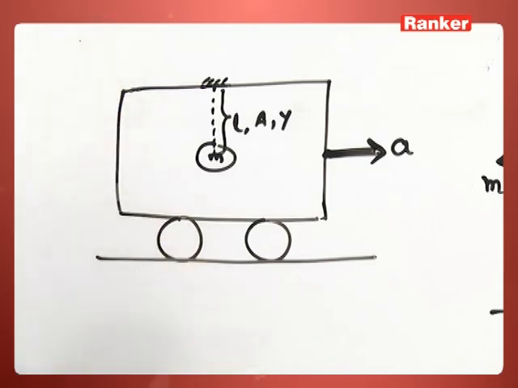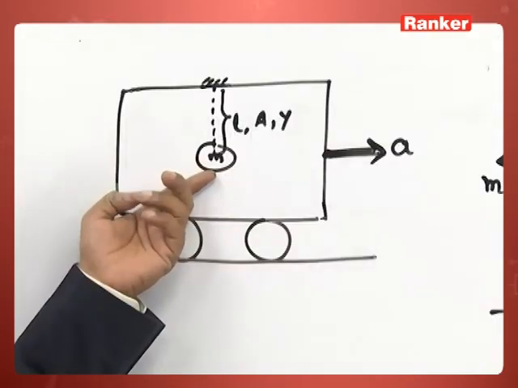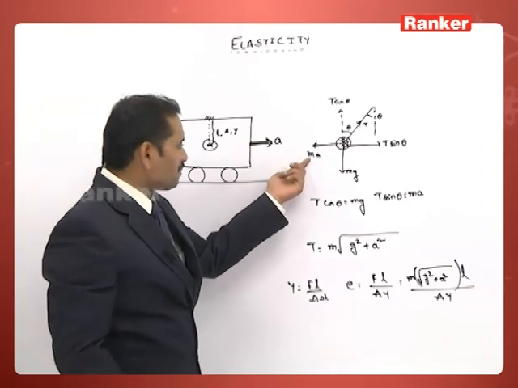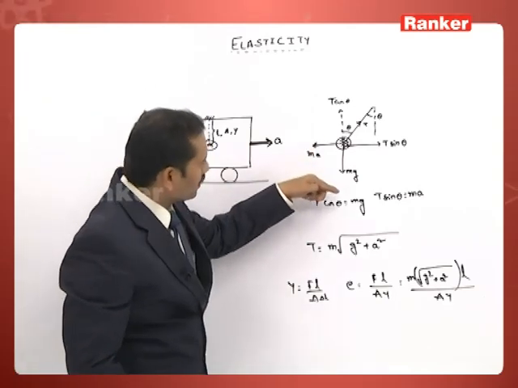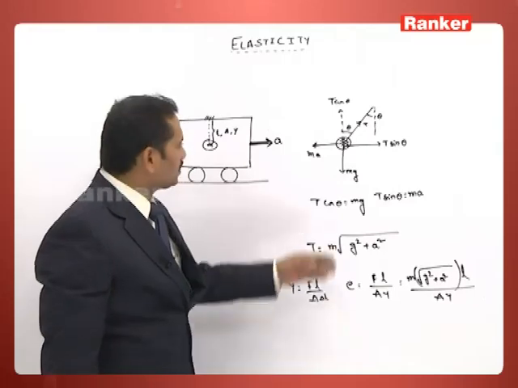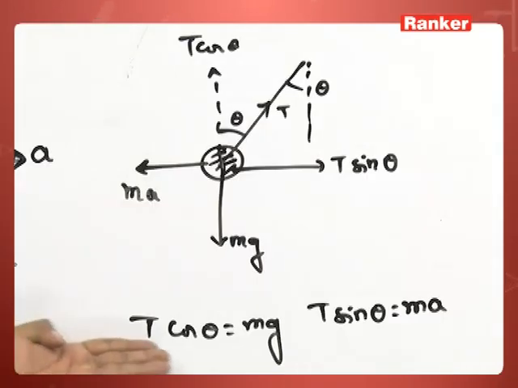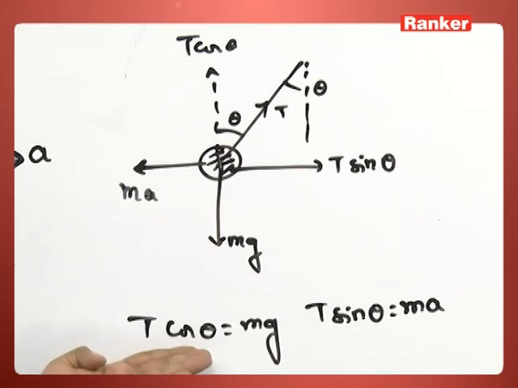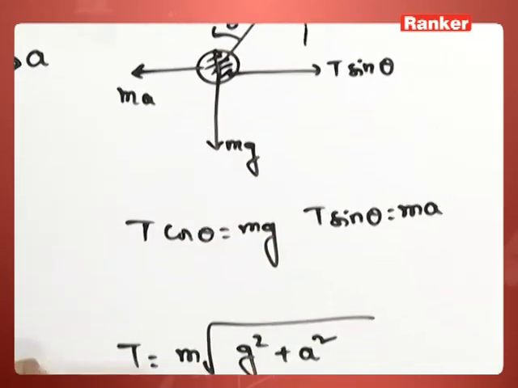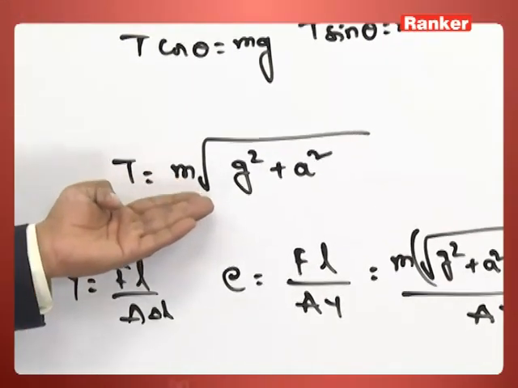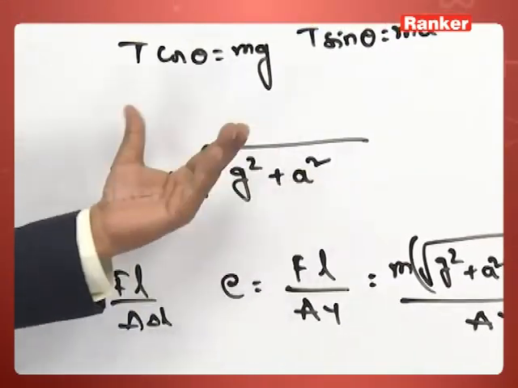The objects available inside the frame acquire the pseudo force, which is towards the left side: ma, mg, tension towards the rigid support, T cos theta, T sin theta. Equate the things, squaring and adding both sides, eliminating theta, as you know very well from mathematics. T equal to m into square root of g squared plus a squared is the tension.